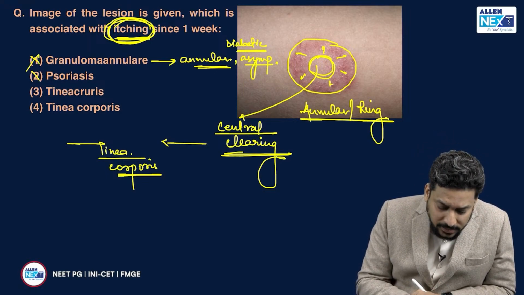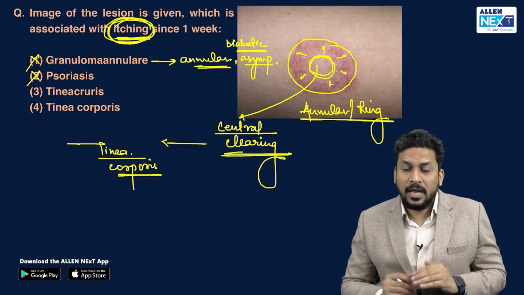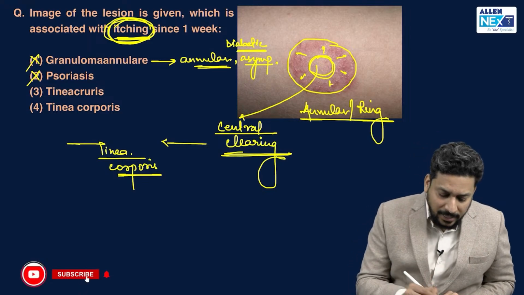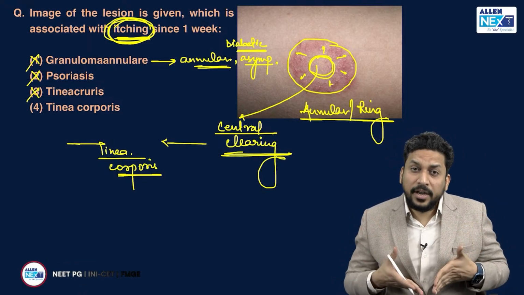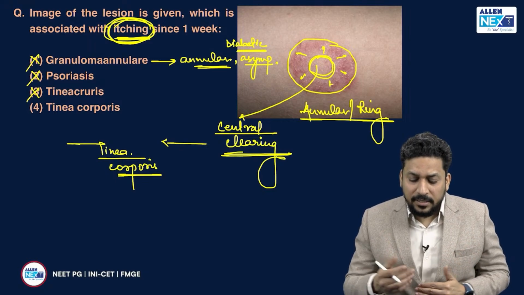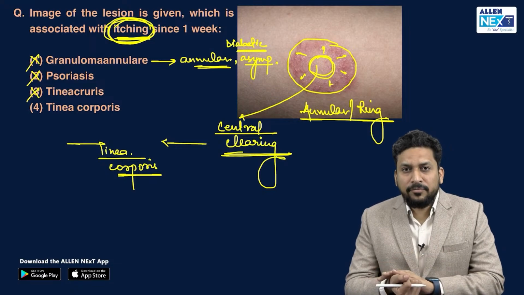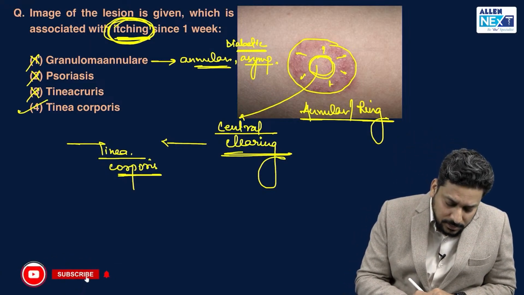Why it is not psoriasis? It is not psoriasis because psoriasis have erythematous, similar red lesions, but there is no central clearing and there is a lot of silvery white scaling. And this is not tinea cruris. Why? Because tinea cruris generally involves groin area, genital area, but here in the image, the body skin is being shown, probably of the forearm. So this is what? This is tinea corporis.